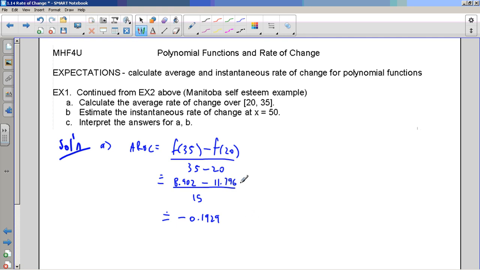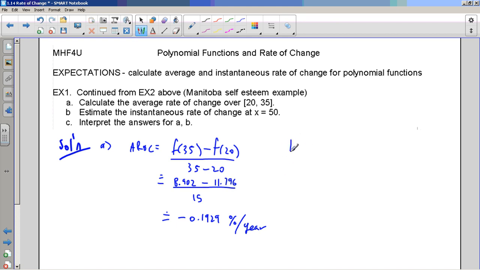Well, remember, our y-axis, our change in y, was percent self-esteem, right? So this is percent of self-esteem. And what's my x values? The change in x is years, so it's percent per year. So what does this mean? This means the percent of people reporting low self-esteem is going down by about 0.2% per year.